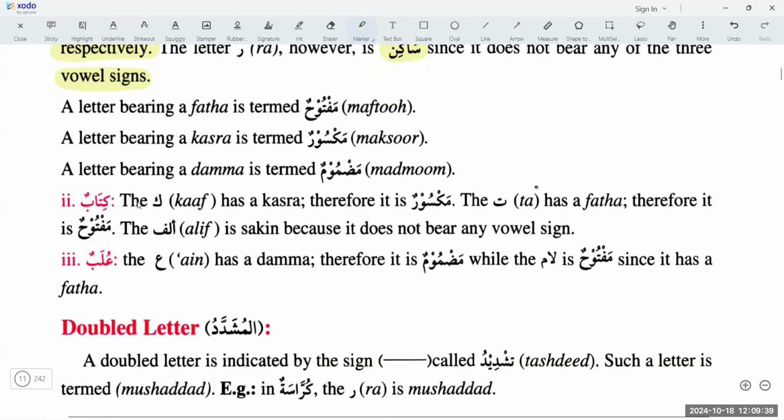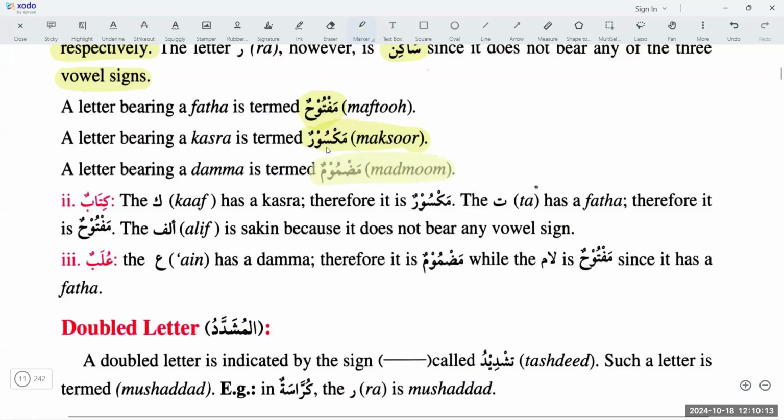The terms we use: a letter bearing a fatha is termed maftuhun. A letter bearing a kasra is termed maksurun. A letter bearing a dhamma is termed madmumun.